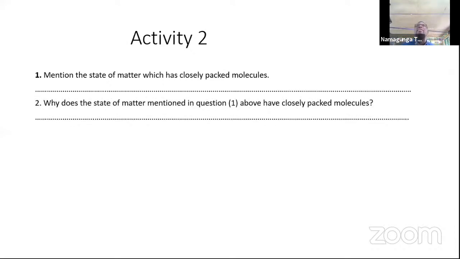Number 2, I request Namutebi Anisent. Can you please read number 2 and give the answer? Why does the state of matter mentioned in question 1 above have closely packed molecules?